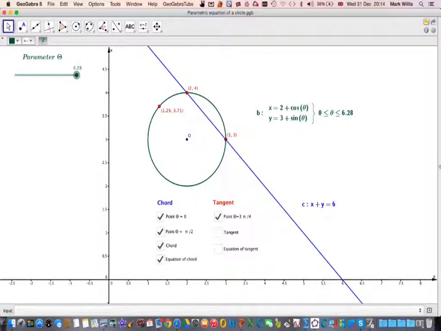Okay, so if we draw the tangent at that point, we get the tangent, and we click here, we get the equation of the tangent. Okay, so you'll be able to play with this on the website if you want to. So that's the geometrical perspective of what we've just looked at analytically.